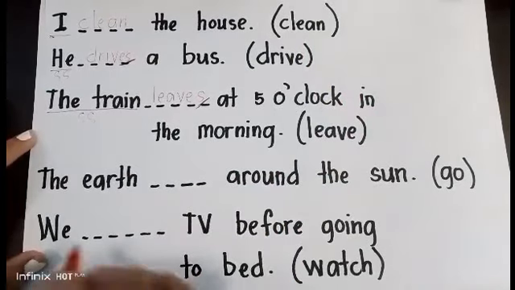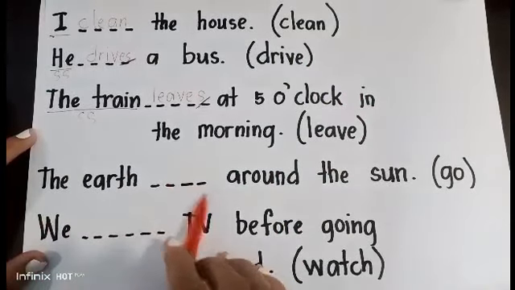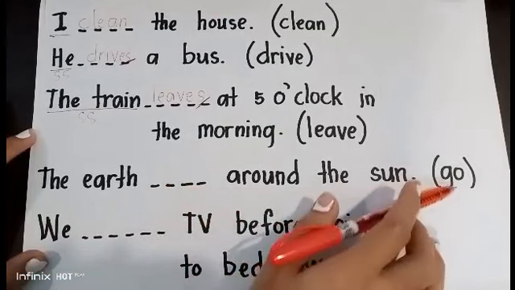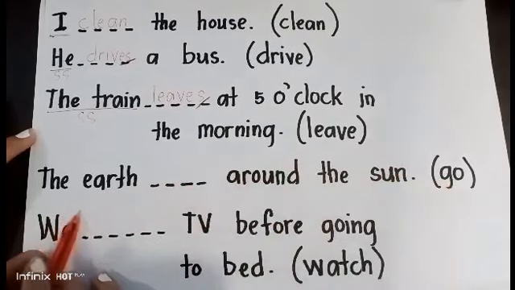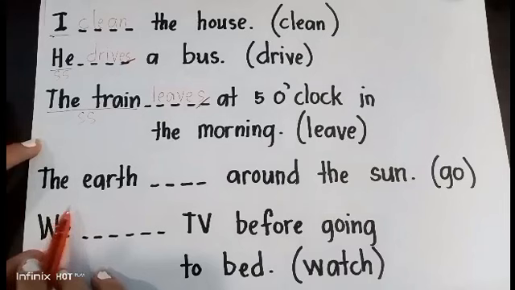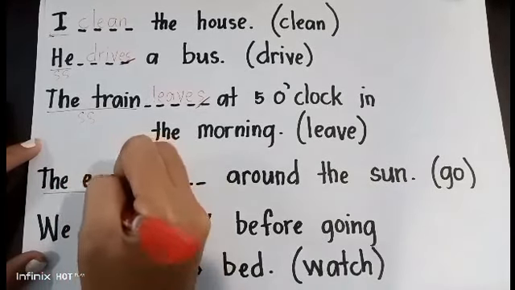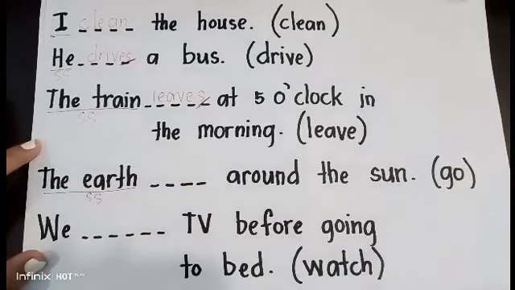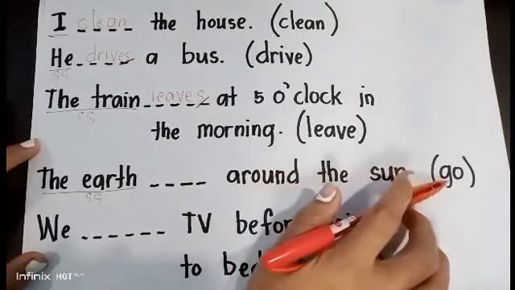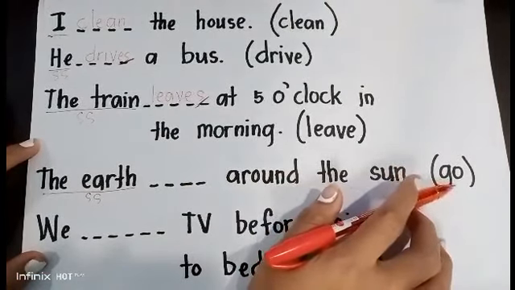Next, the earth blank around the sun. So the verb here is go. So how many subjects do you have? It's just only one. So we have a singular subject. Therefore, we use the verb in singular form.